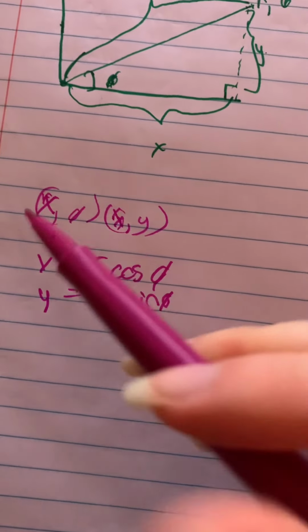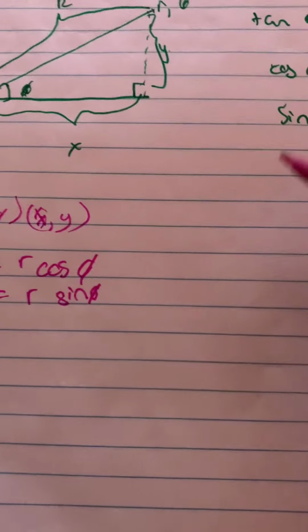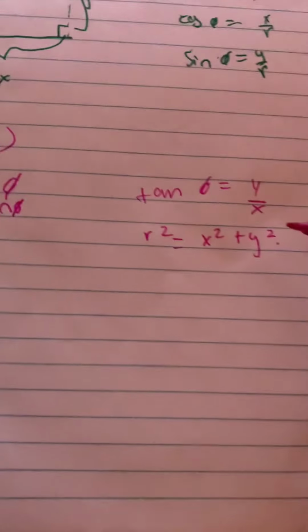This is how we express x and y. We can also express it another way: tangent of theta equals y over x, or r squared equals x squared plus y squared.